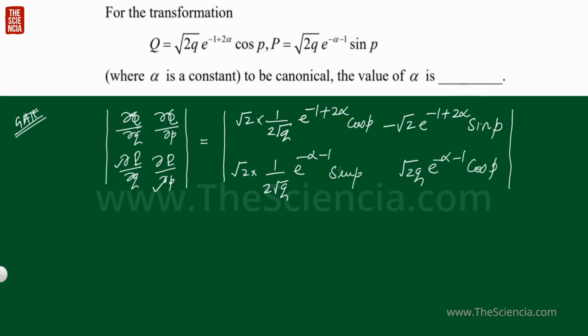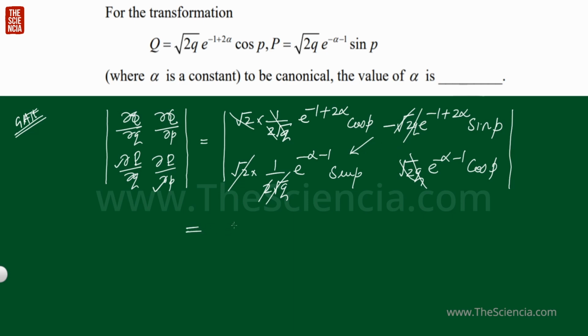So on multiplying, this root 2, this term and this term will cancel, and root q and 1 by root q will cancel. Similarly, when multiplying this way, this root 2 and this 2 and this root 2 will cancel, and this root q and here I missed one root q, this will cancel. So what we get?